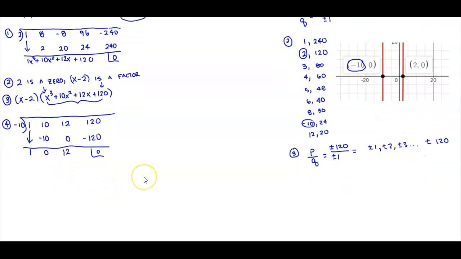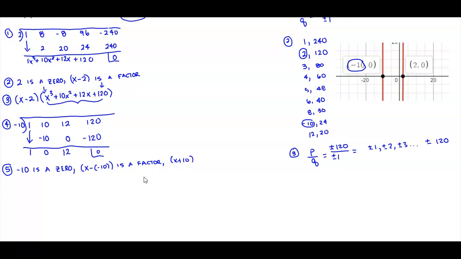So what does that tell us? Well, now that tells us that negative 10 is a 0, and therefore x minus a negative 10 is a factor, which means that's x plus 10.